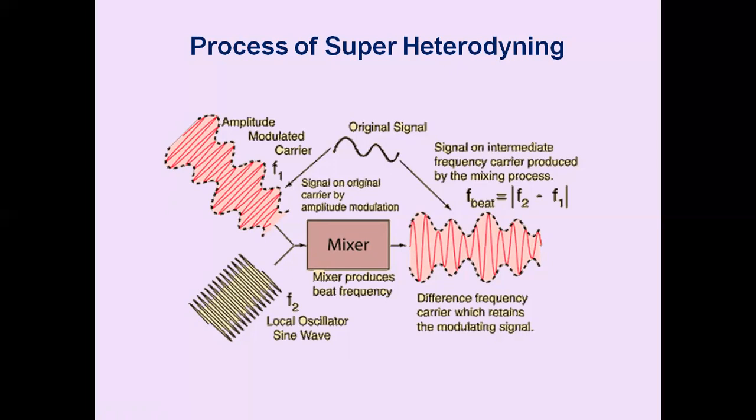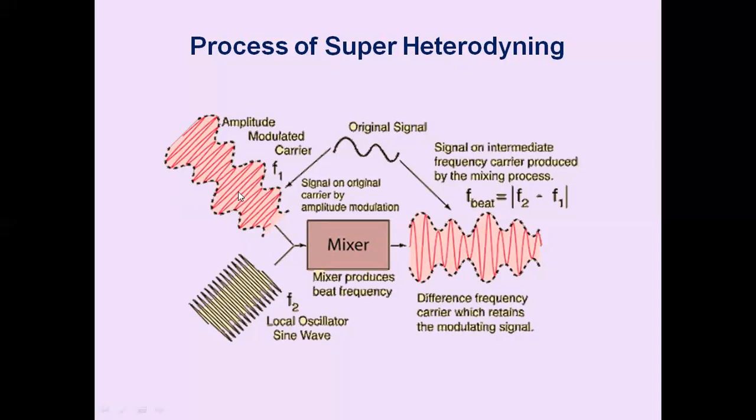Suppose in AM, the modulated message signal of frequency 1500 kilohertz is mixed. Suppose we want to pick up the 1500 kilohertz signal. It is mixed with the unmodulated carrier of the local oscillator frequency.